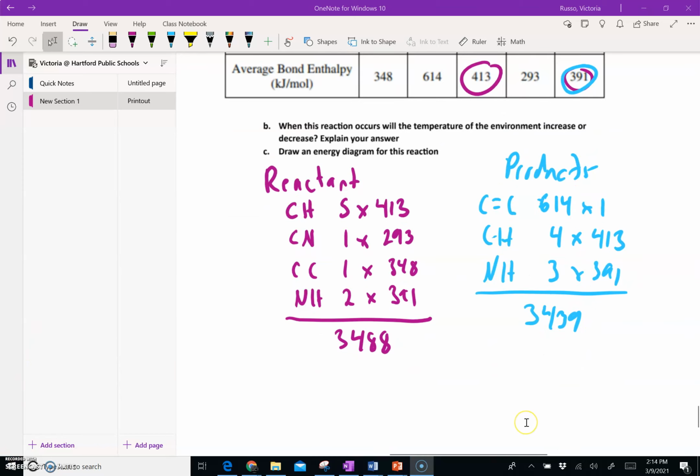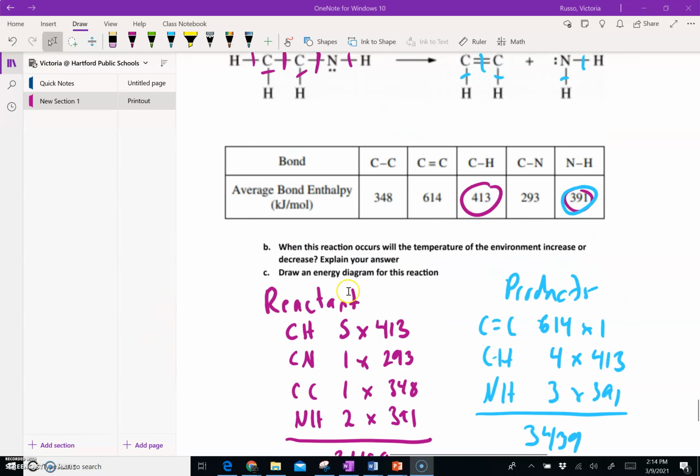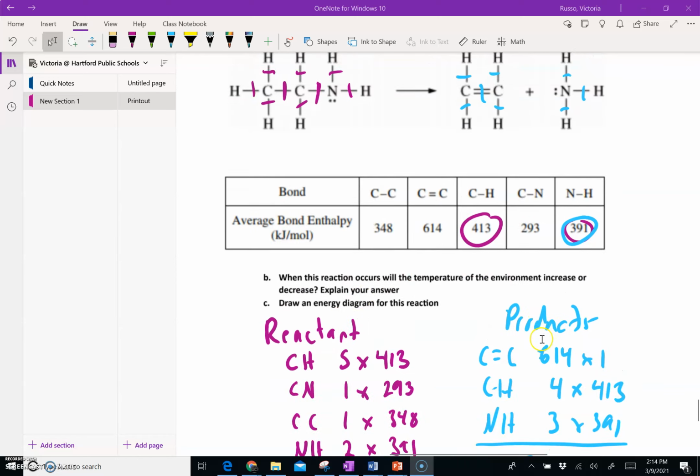So now I added up, but let's go back, because this is the important part, the concept that you guys are missing. I added up all the bond enthalpies of the reactants, and I added up all the bond enthalpies of the products. Now, in the reactants, you're breaking bonds, and when you're making products, you're forming bonds.